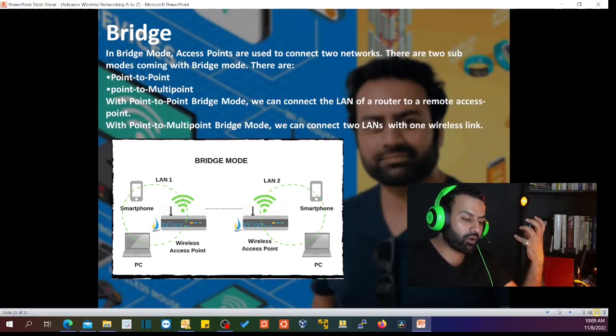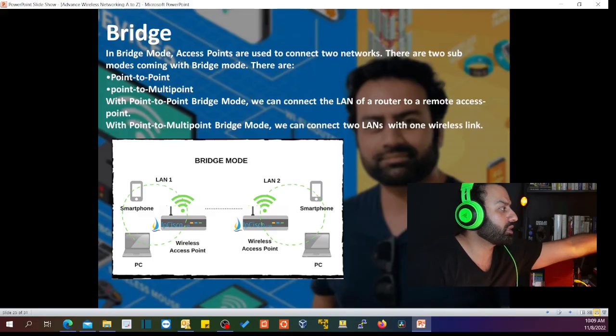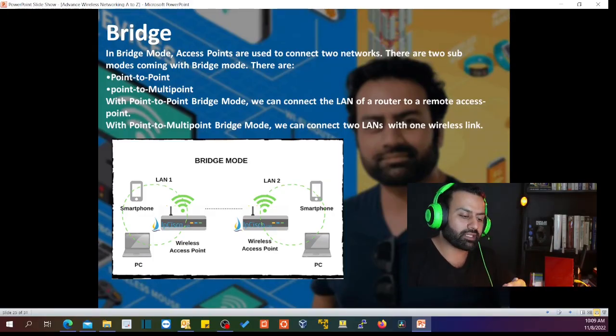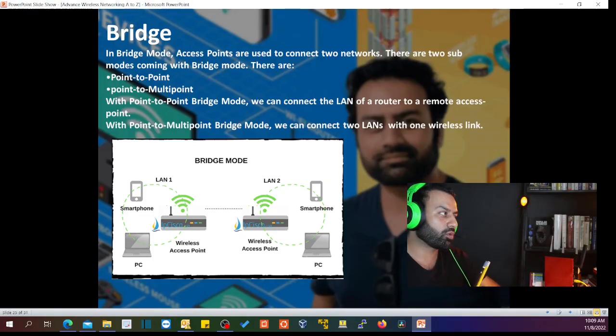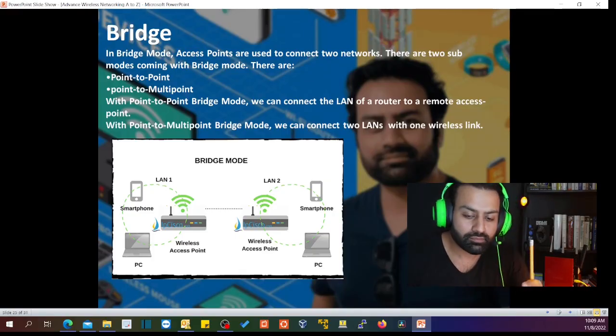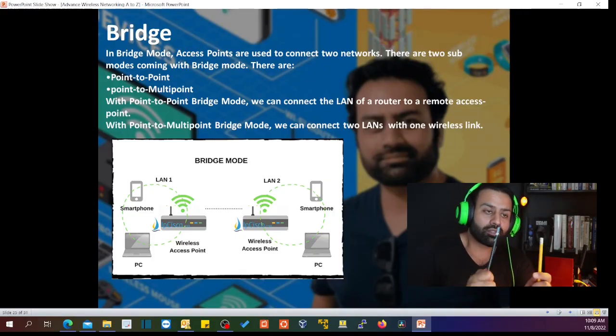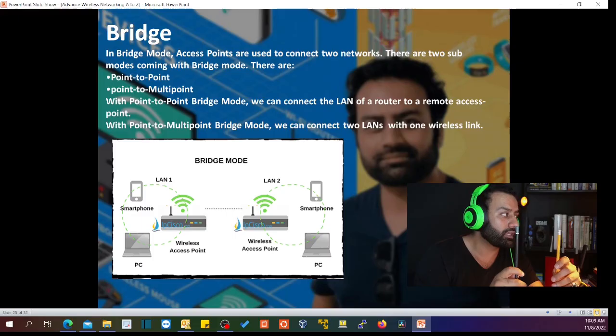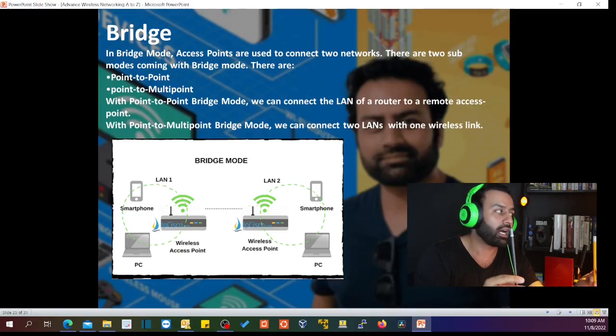What is the scenario of the bridge mode configuration? Let me give you a very basic example. Pretend that this is one extended Wi-Fi, we can say outdoor antenna, and this is another outdoor antenna.